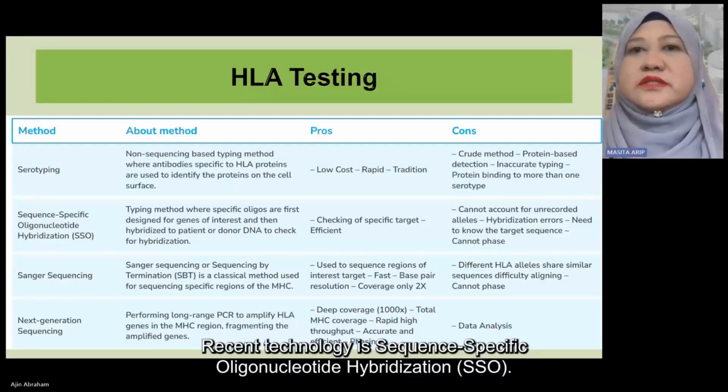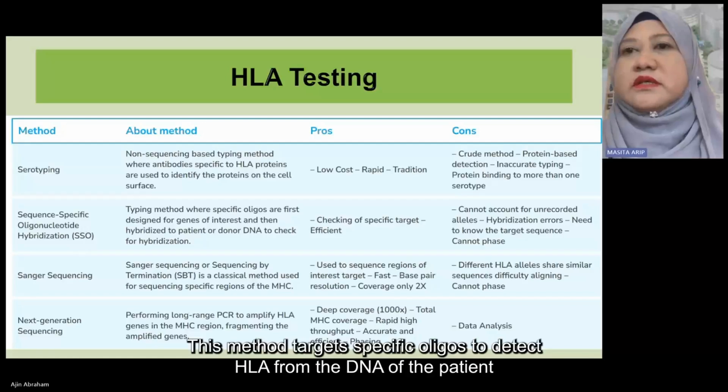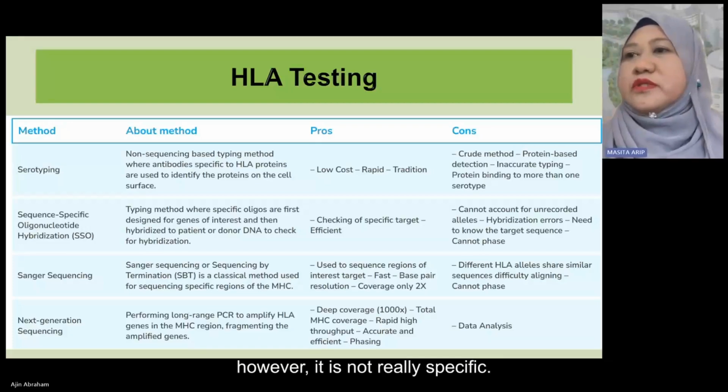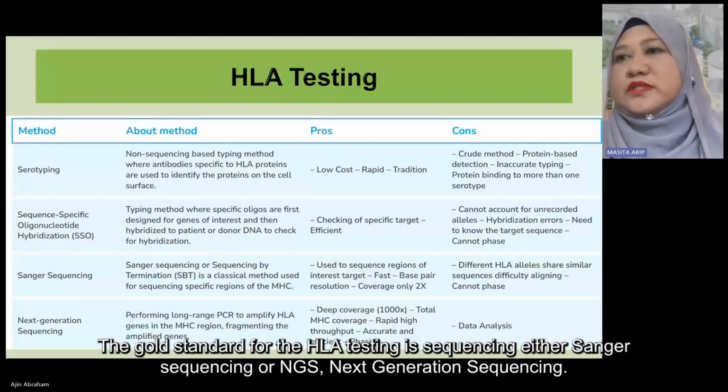A more recent technology is sequence-specific oligonucleotide hybridization, or SSO, where this method targets specific oligos to detect the HLA from the patient's or donor's DNA. However, it is not really specific. The gold standard for the HLA test is sequencing, either Sanger sequencing or NGS, next generation sequencing.